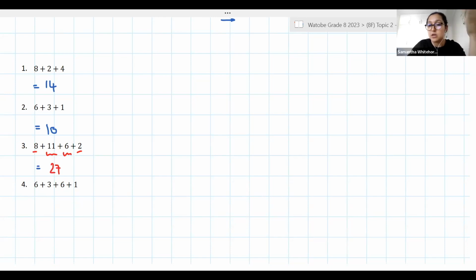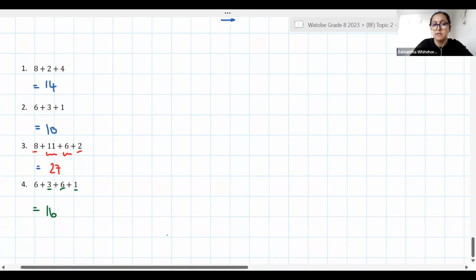So again, you do it however you want to do it. For me, one of the nice things about adding in any order is I can look for groups of 10, and then I'm just going 10, 20, 30, and then adding to my groups of 10. Right, in the last one, this is another example of this. I can see a group of 10. 3 plus 1 is 4, plus 6 is 10, and so then I'm just adding 6 to 10.